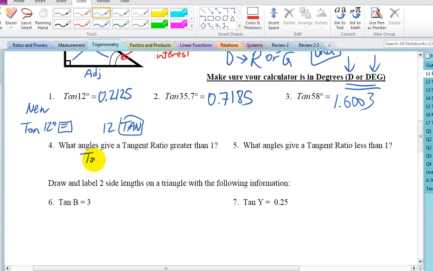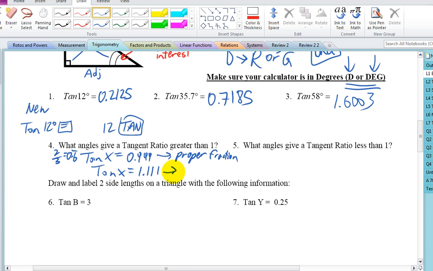So, what angles give a tangent ratio greater than 1? For example, tan x equals 0.999 versus tan x equals 1.111. The difference is this will be a proper fraction, for example, 2 divided by 3 equals 0.6 repeating.